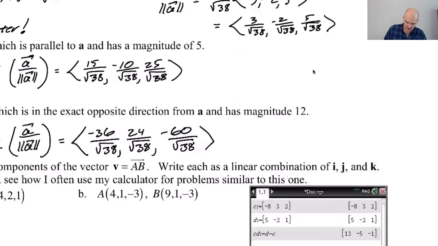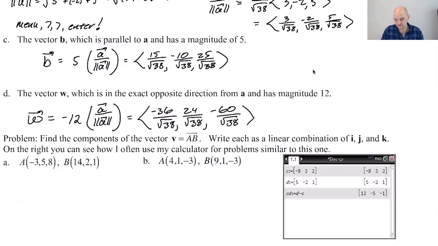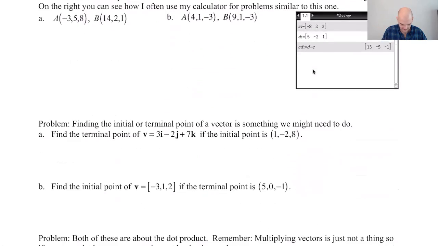I use these chevron brackets. Some people use square brackets, doesn't make a difference. Some people use parentheses, which I find very confusing. I like to have a distinction between my vectors and my points, even though it's a very tenuous distinction. I like to have that anyway.